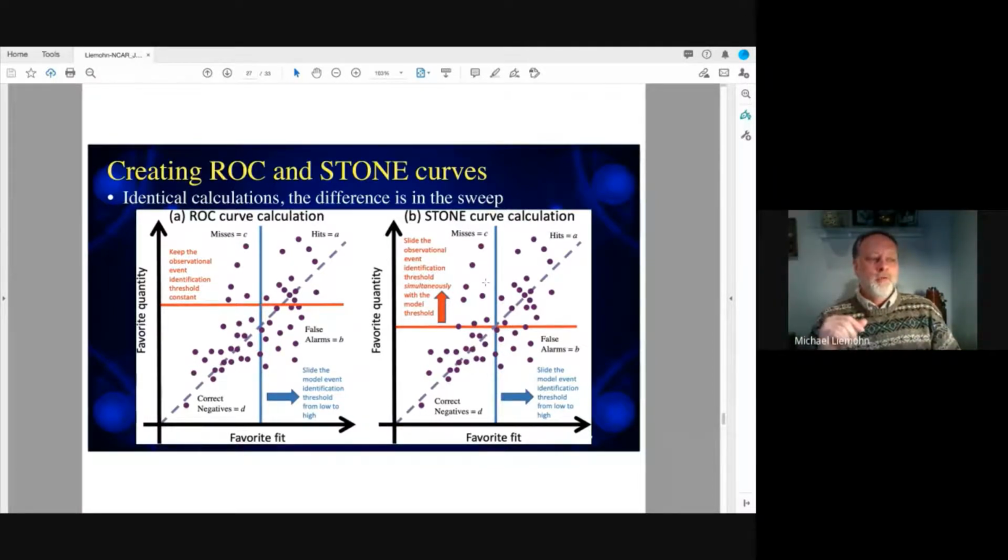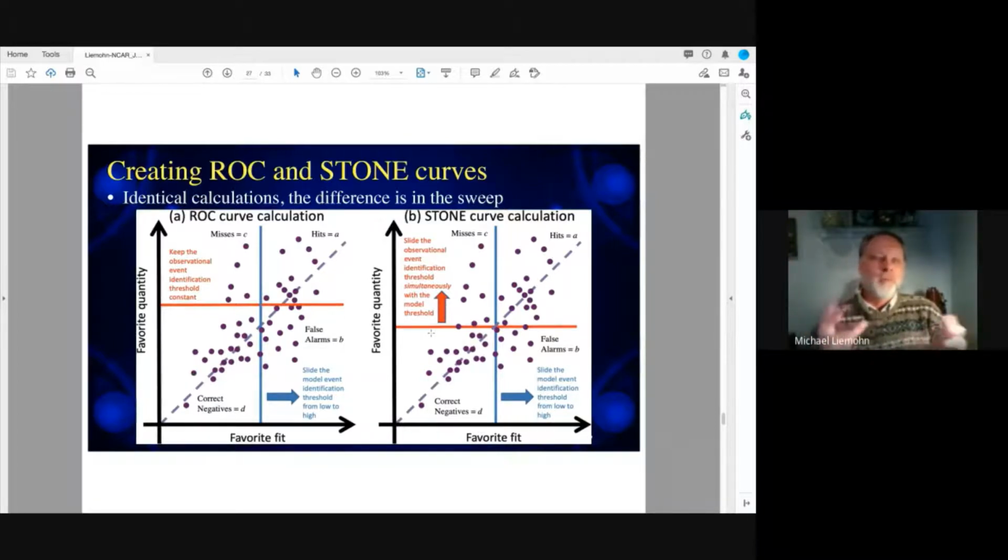In the STONE curve, you sweep both of these together. This one can only be used when the model is trying to exactly reproduce the data. But if that is the case, then you can do this sweep of both lines together, still plotting POD versus POFD against each other. But now some of the data points, they'll all start out in hits and they'll all end up in correct negatives, but they can take different paths getting down there.